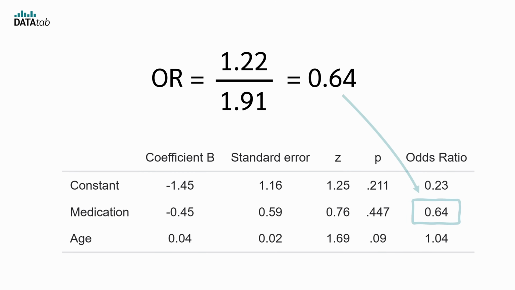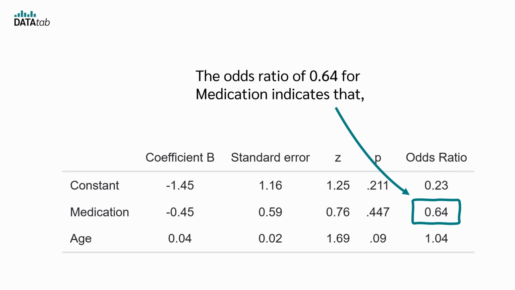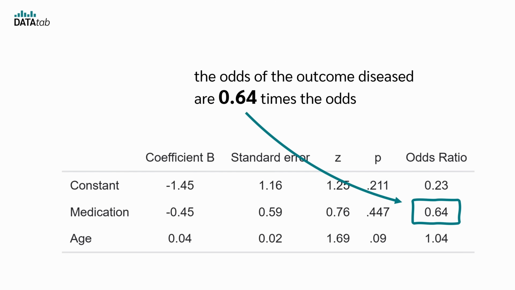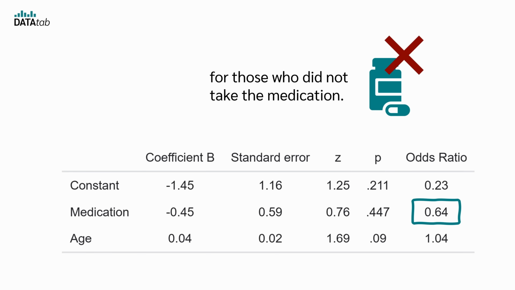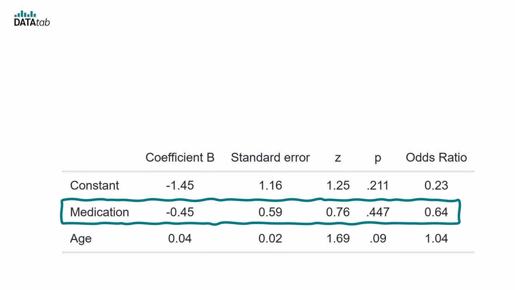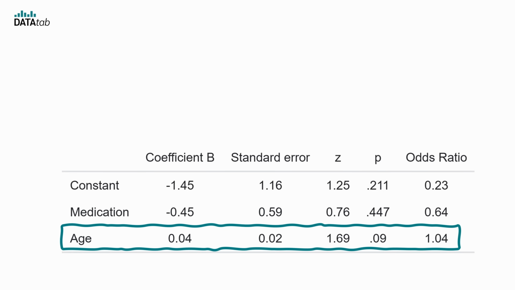And surprise! The calculated value matches the odds ratio listed for the variable medication. The odds ratio of 0.64 for medication indicates that for individuals who took the medication, the odds of the outcome diseased are 0.64 times the odds of those who did not take the medication. Alright, with medication we have two groups to compare. But what about a continuous variable like age?